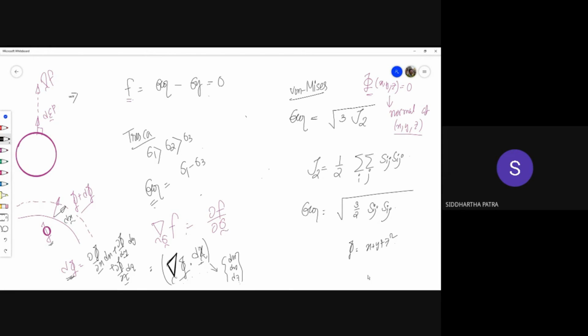Now say x equals 0, y equals 0, and z equals 1. So this phi has a value of 1. But if I take a different set of x, y, and z, the phi value would be different, phi plus d phi.